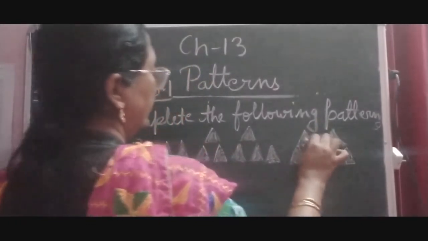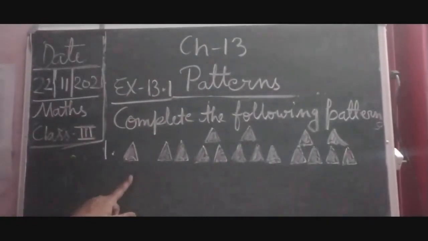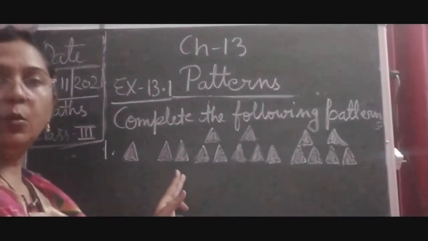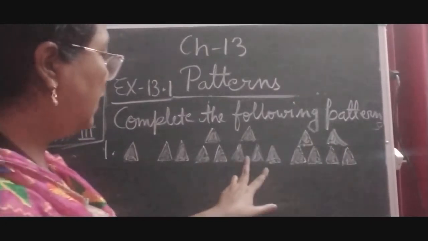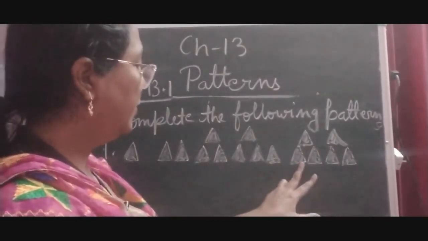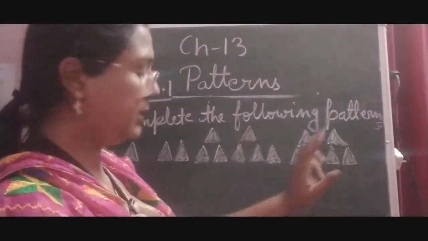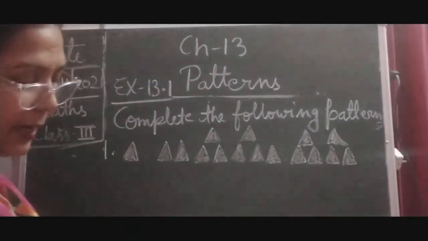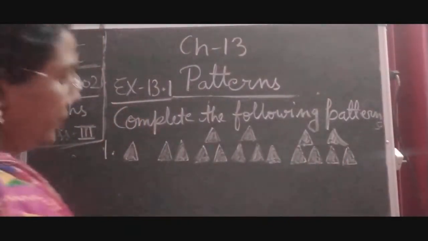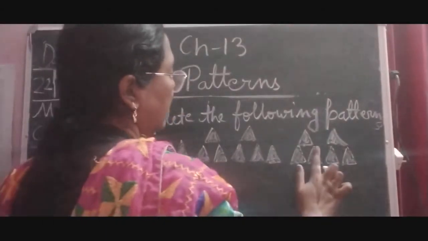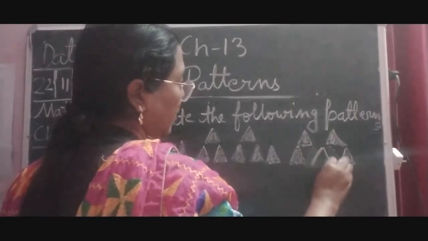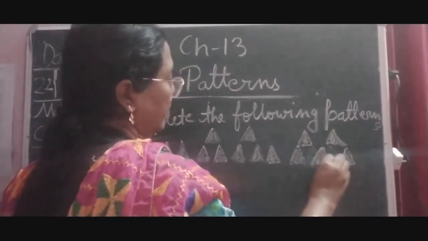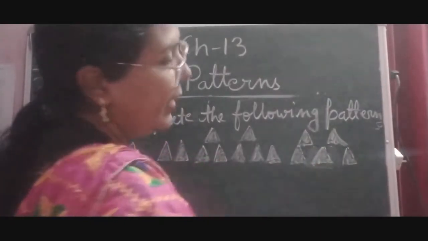But here children you can see one triangle, again you can see one more. Okay, there are 2 triangles, here 3, here 4, here 1, 2, 3, 4, 5. Not 6, there are 5.